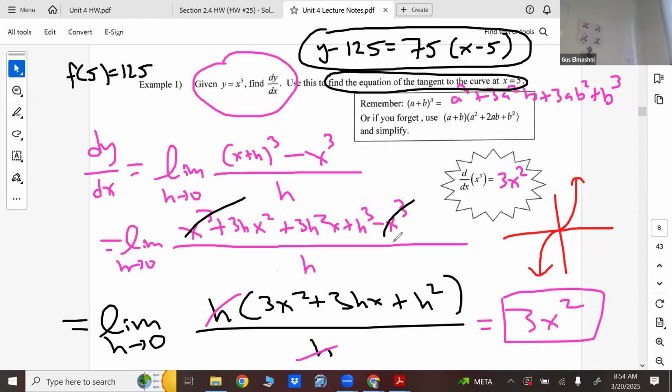Think about it: 3x squared, can that ever be negative? No, never. You're squaring and multiplying by a positive number. And if x gets bigger, does that number get larger? Yes. So 3x squared is being used to describe every slope on this curve. We are actually going to graph derivatives from an original graph.